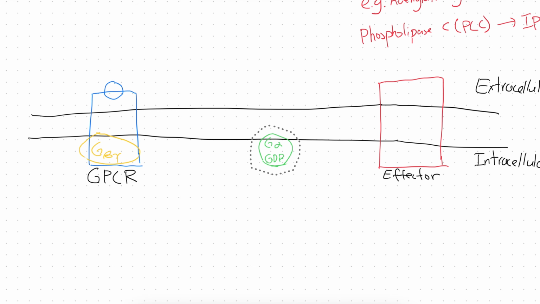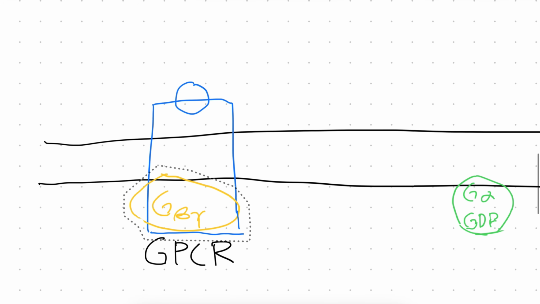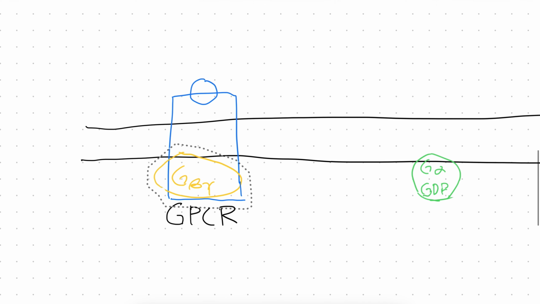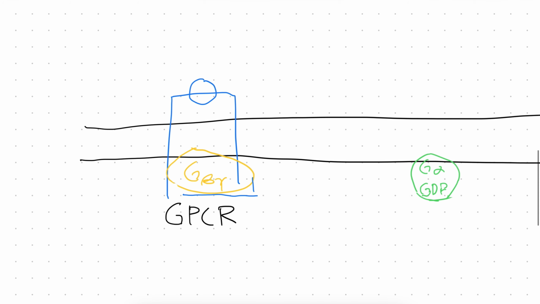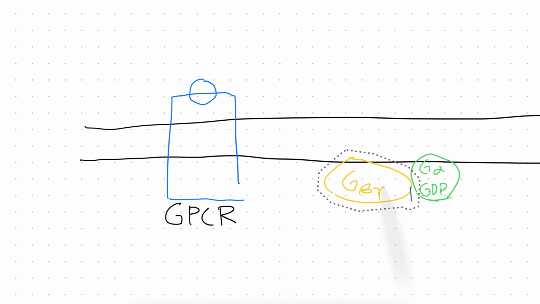And this G beta gamma is also going to slide along, and it's gonna get back to its original place. So this part here is gonna slide and go back to where it was at the start.